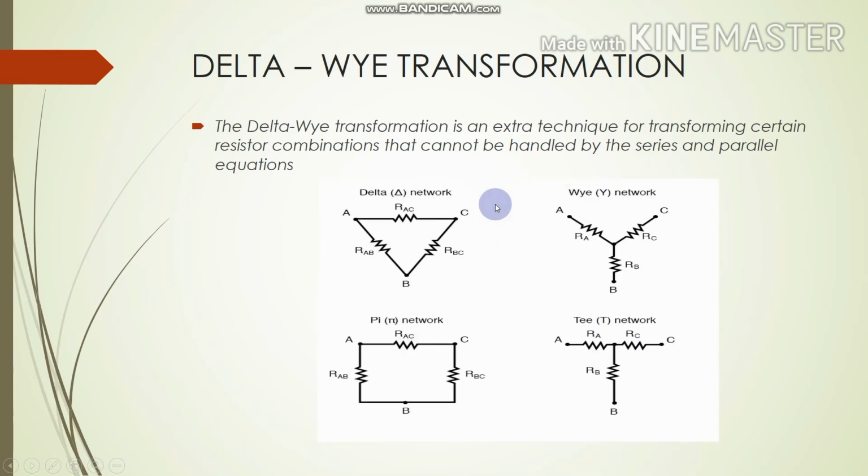The network for delta looks like this, a triangle. Then the Y network looks like this, the Y and T network.